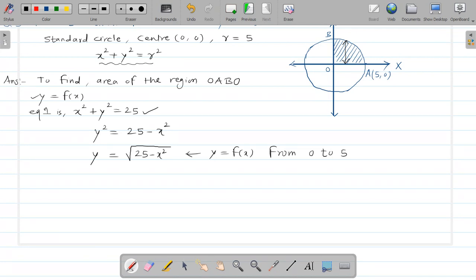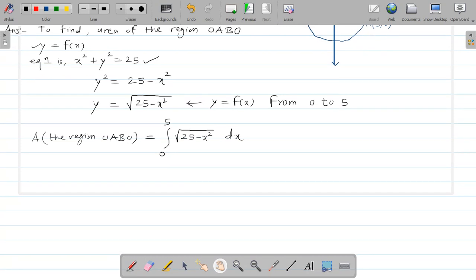Now what is the area of the region OABO? By integration it will be the integral from 0 to 5 of root of 25 minus x square dx. If we evaluate this integration, then you will get the area of that particular region.